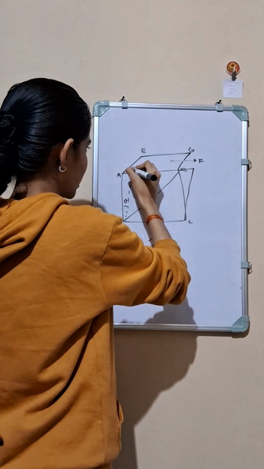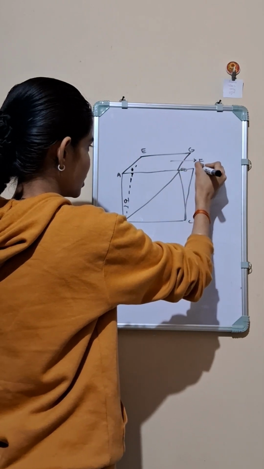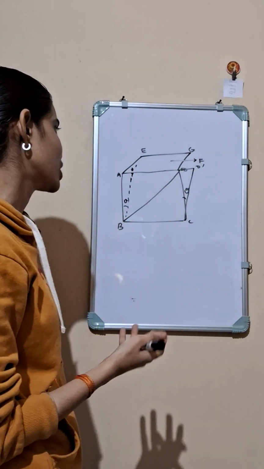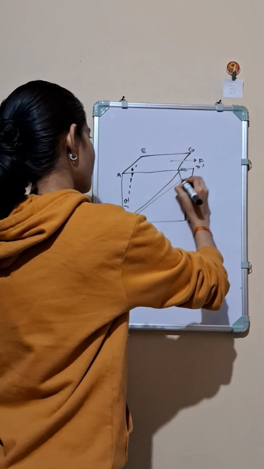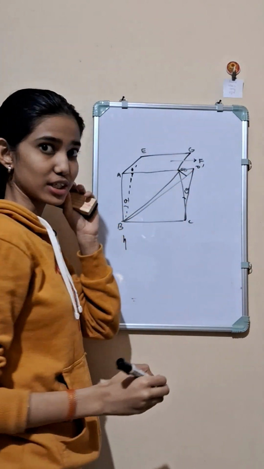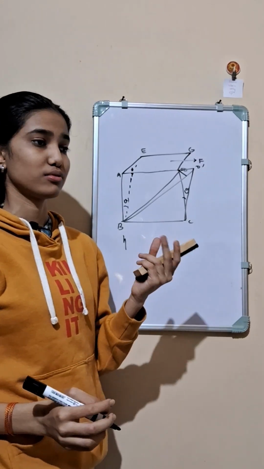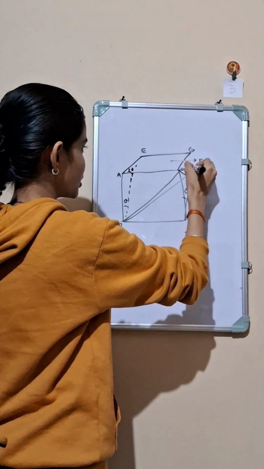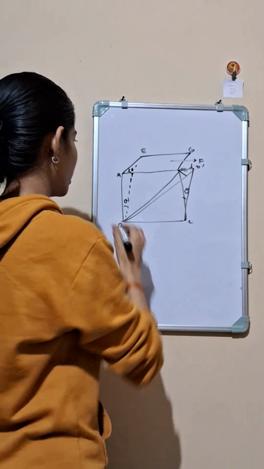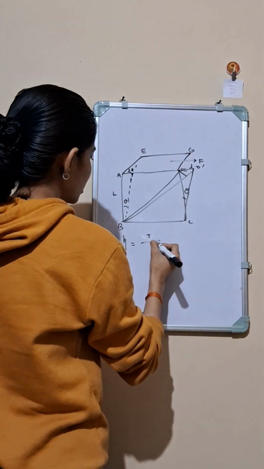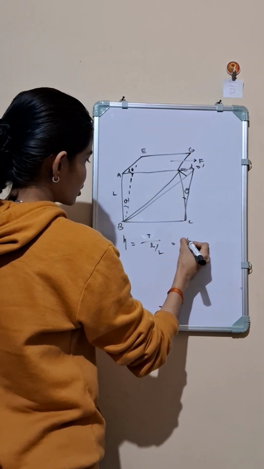A shifted to A dash, D shifted to D dash, making an angle theta with its initial position. Now we know that eta is equal to stress per strain. Here let us suppose A dash D dash is small l and the length of the cube is capital L. Eta will be equal to T by small l by capital L, equals T by theta.